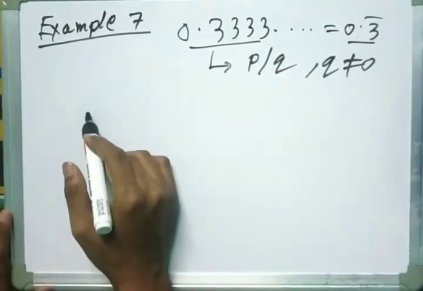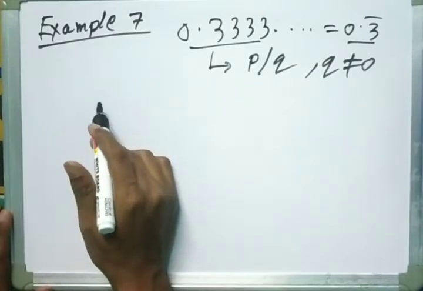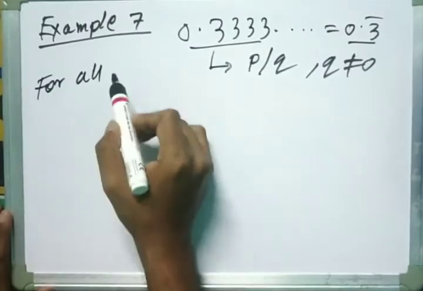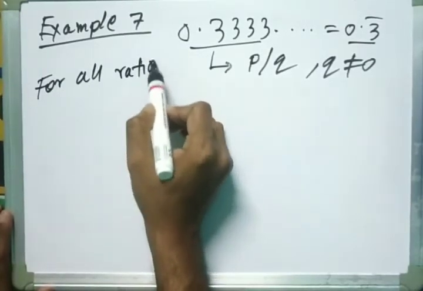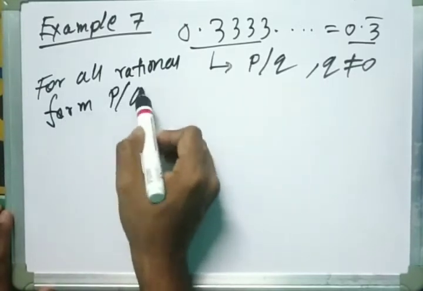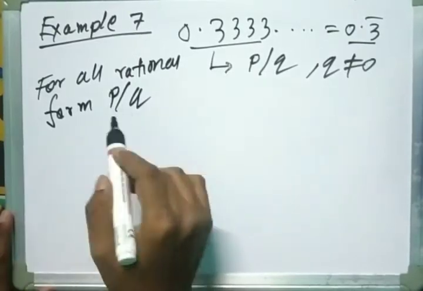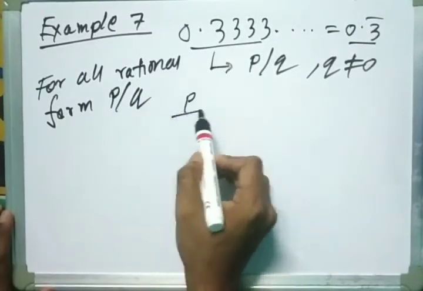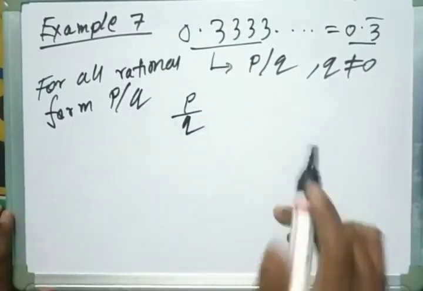First of all, for all rational numbers of the form p by q, if we divide p by q, there will be two results.